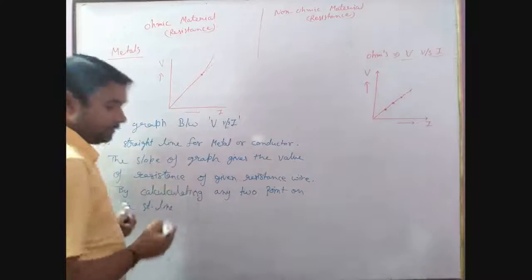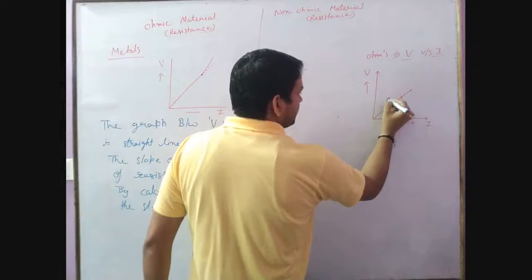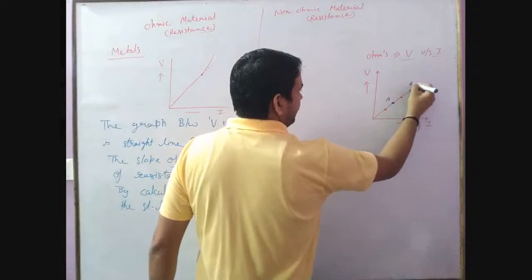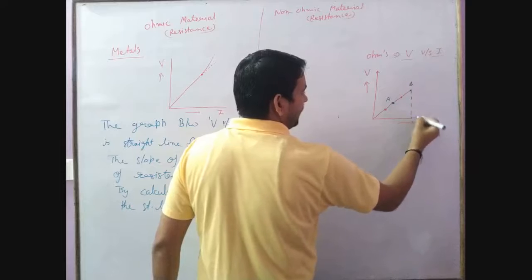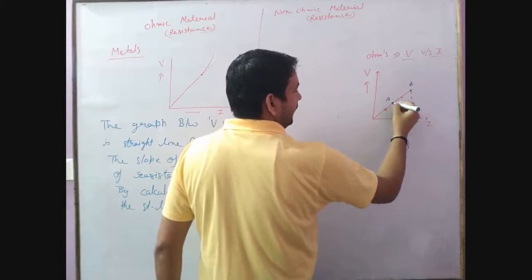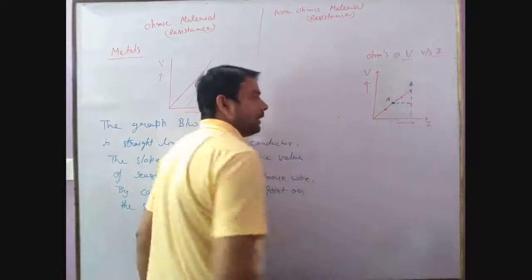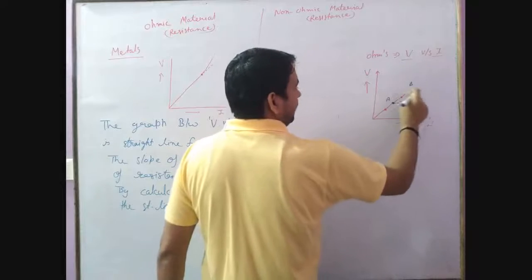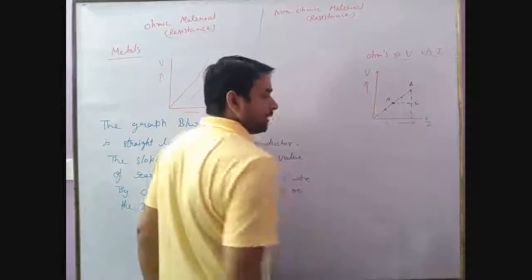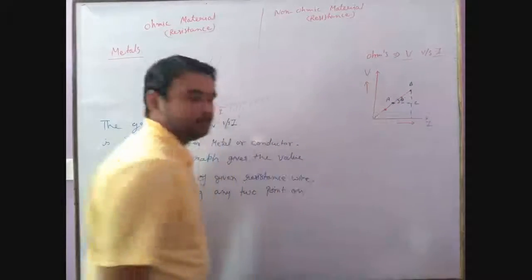Suppose we have this point A and this point B. From B drop a perpendicular on the I-axis, and from A drop a perpendicular on that line, and we get a triangle ABC inclined at angle theta.